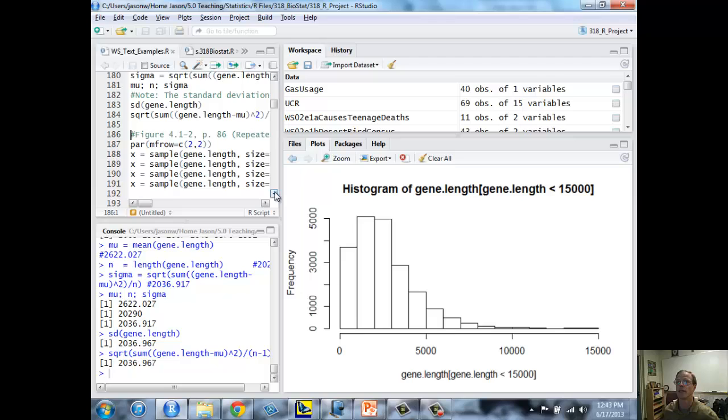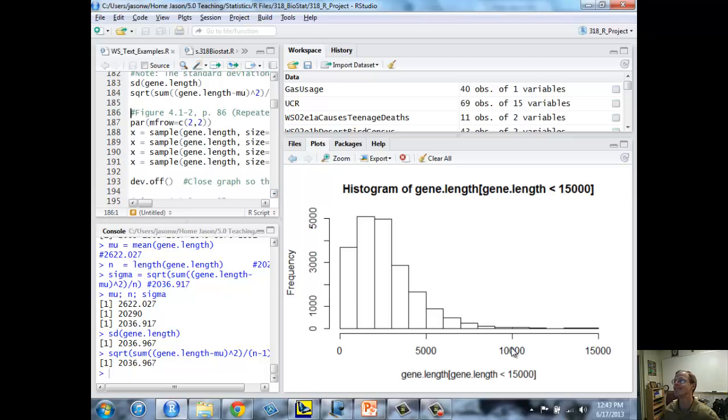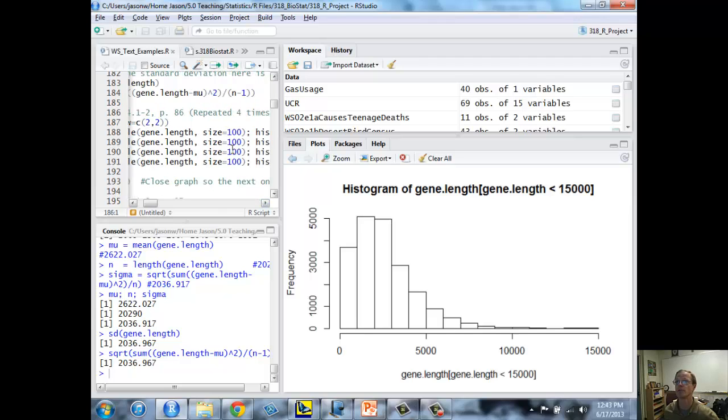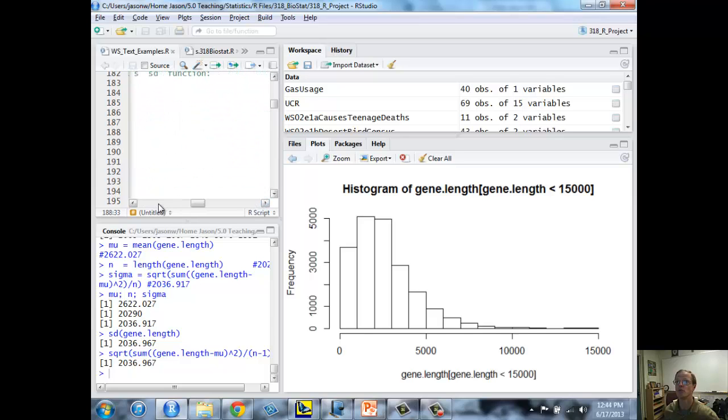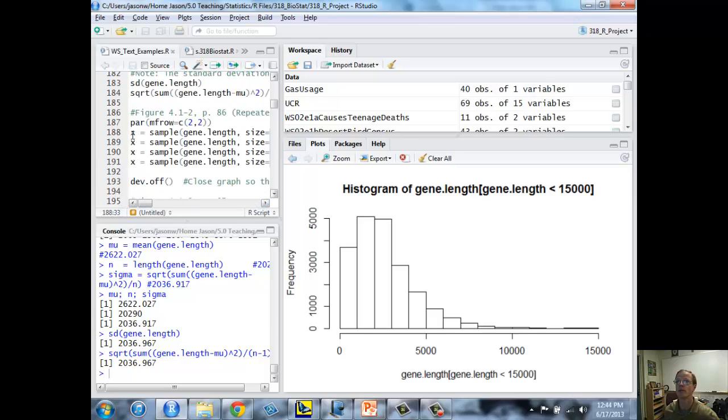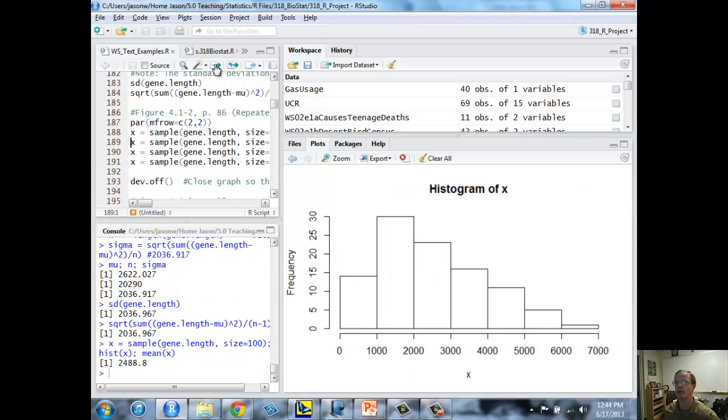Now with that, let's take a look at some samples from these 20,000 genes. And I want to take samples of size 100. And furthermore, let's just do one of these. Just take a look at one here and unpack that line. I've actually cheated on that line, and I've called 3 commands. I've called take x as a sample of size 100 from gene length.